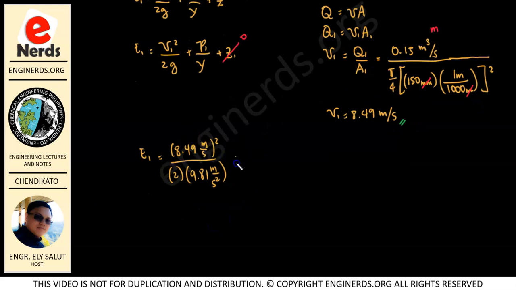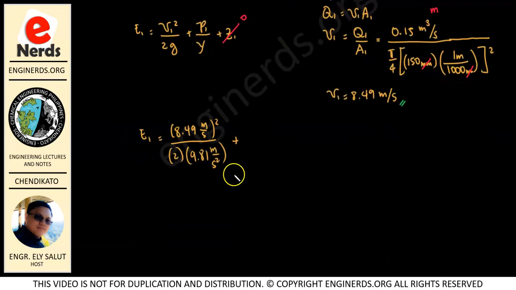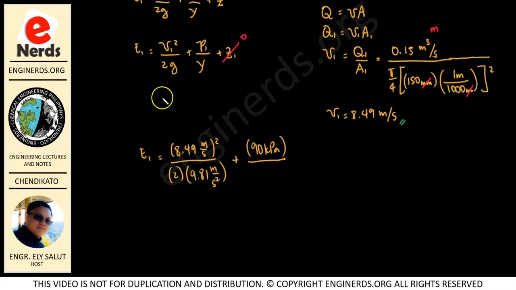So we will add this to our P1 over our unit weight. So we have our P1, which is 90 kilopascal. Then divided by our unit weight. So by the way, our unit weight, as we learned before, is equal to density times the acceleration due to gravity.